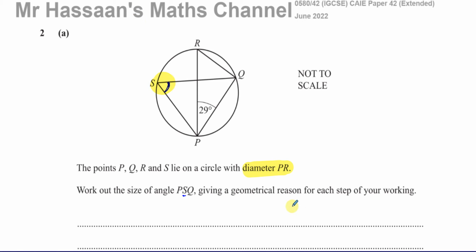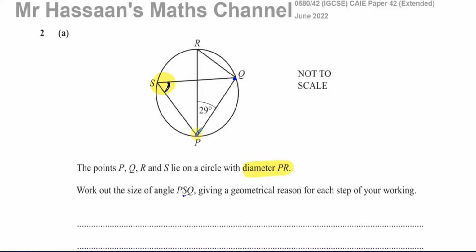Now, how can I relate this angle to the other angles? Well, if I follow where PSQ comes from, PSQ comes from the points P and Q. So it's standing on PQ. So we've got to think about another angle which stands on the same 2 points.